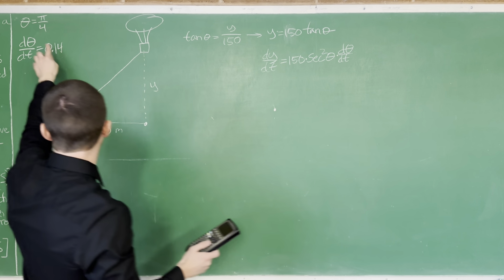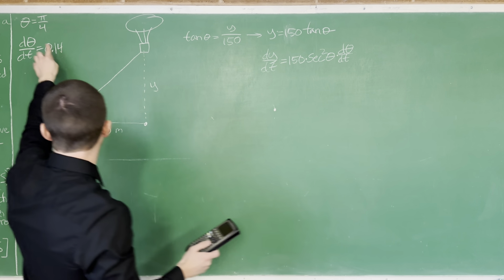Assuming that this was seconds. I don't remember what it said there. It said radians per minute. So this is going to be per minute. The time unit is whatever the time unit was over here. That's ultimately where our time unit comes from.